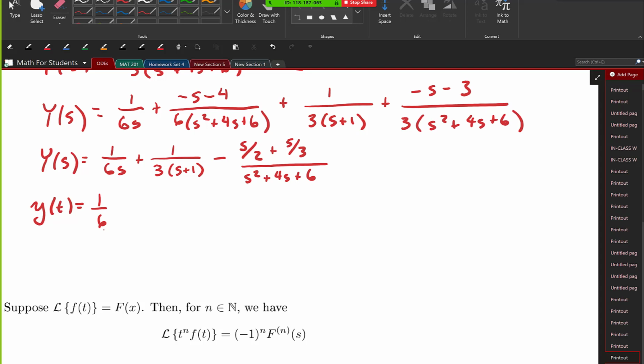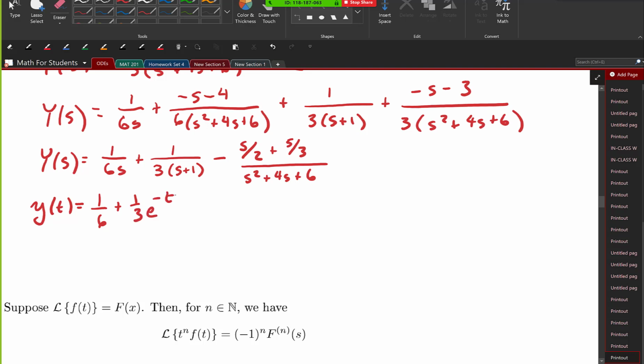Great. And if you don't believe me, take the Laplace transform of 1/6, then what do you get? You get 1 over 6s. Okay. The second one comes back as 1/3 e to the minus t.